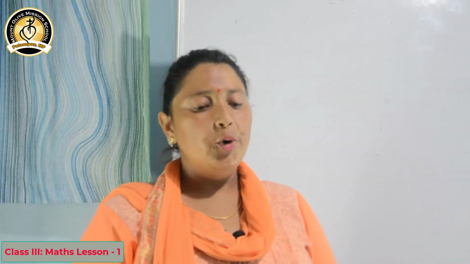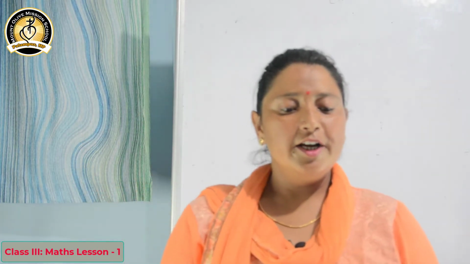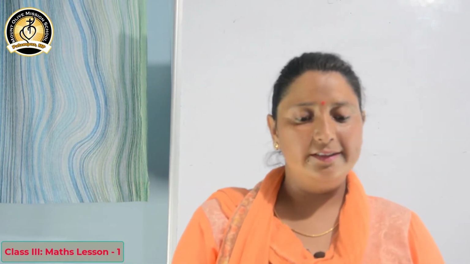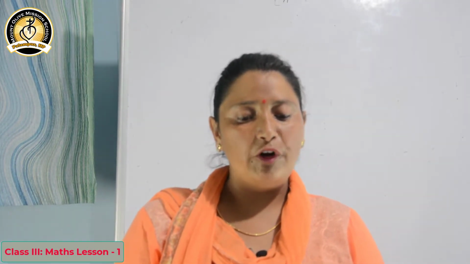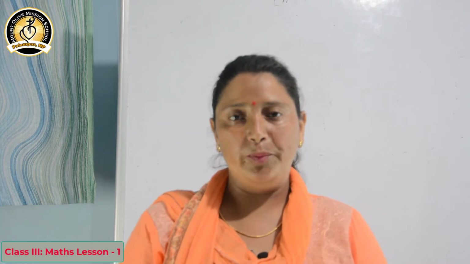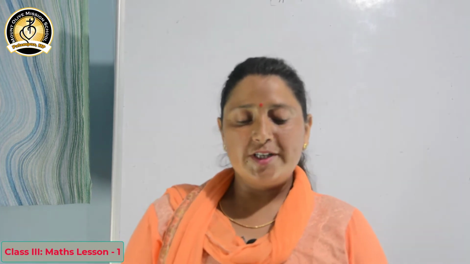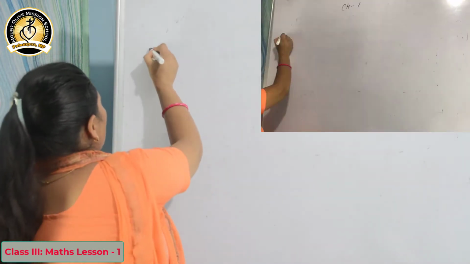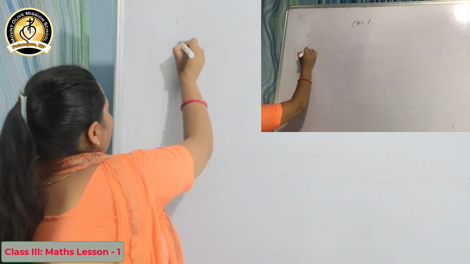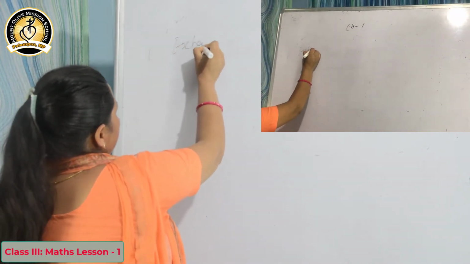Okay, dear students, come on to question number 3. Question number 3 is: write each of the following in expanded form. Dear students, you already learned how to write in expanded form.